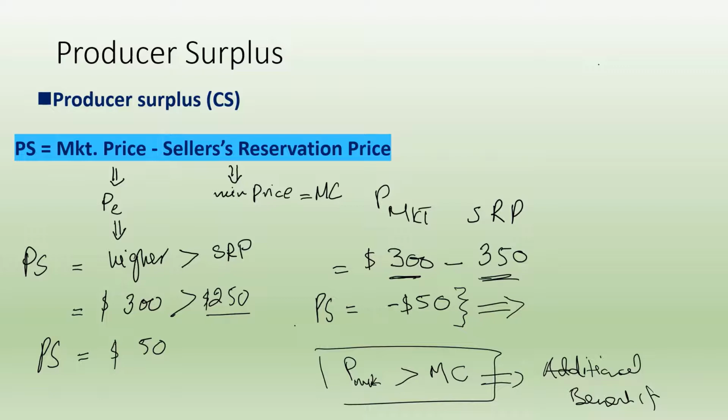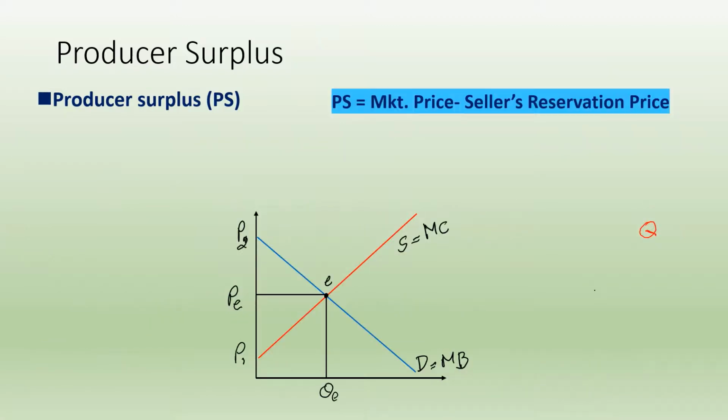Now let us move to the next slide and try to analyze diagrammatically how we can determine the producer surplus. You have just learned that producer surplus is the positive difference between the market price and the seller's reservation price. Now we are going to determine diagrammatically the producer surplus as we did in the case of consumer surplus.